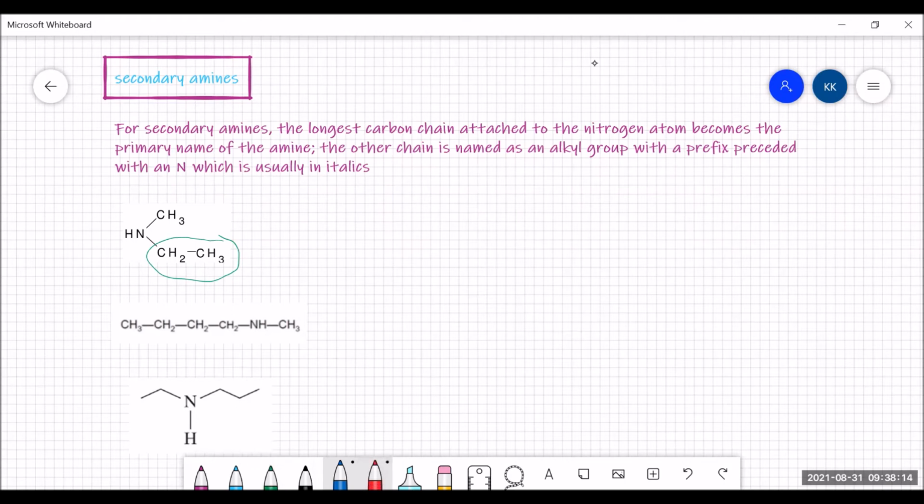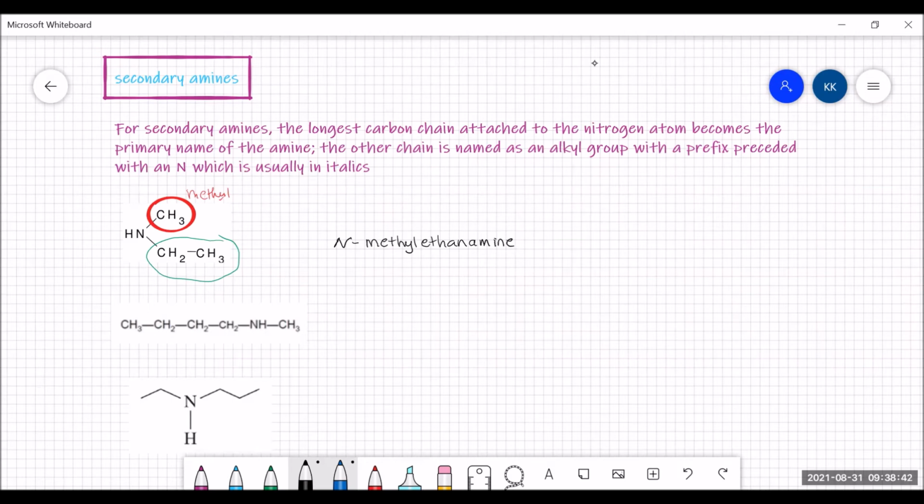So here we've got our ethanamine and we have our methyl group attached, which makes this N-methyl ethanamine. A little bit unusual, a new way to perform our naming.